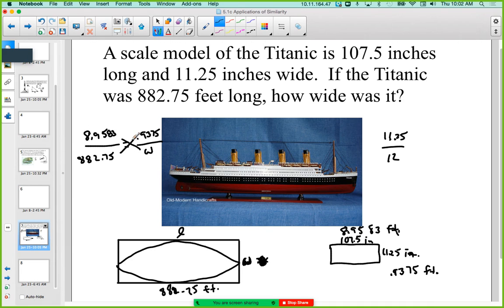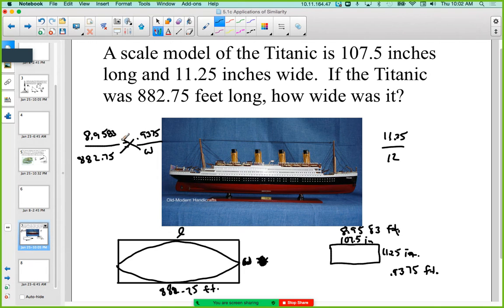I get 827.578125. It ends up being a long number. But I'm going to take that big number, 827.578125, and divide it by that 8.9583, because it's 8.9583W.